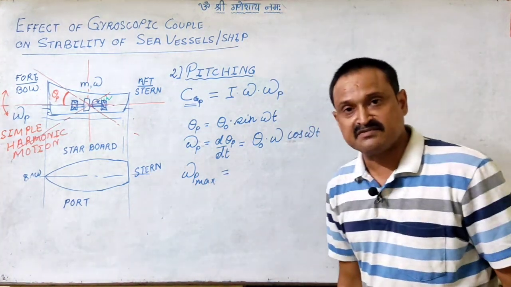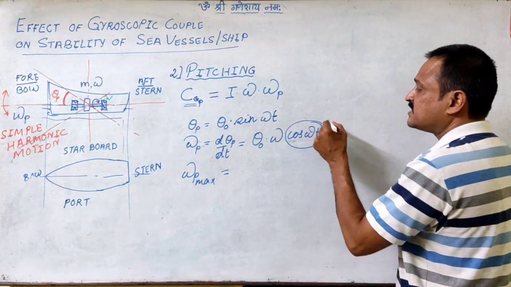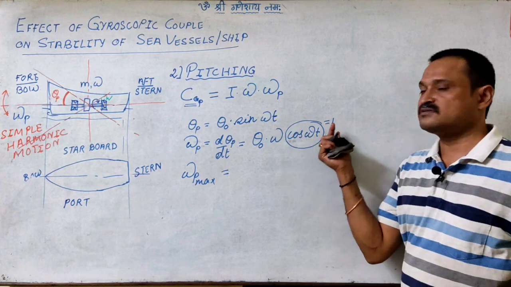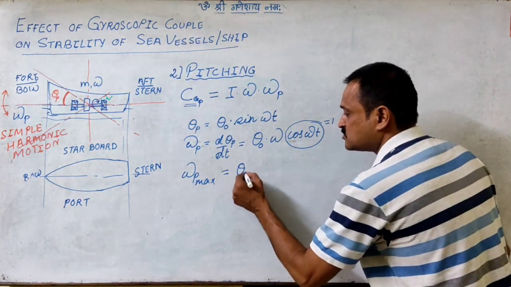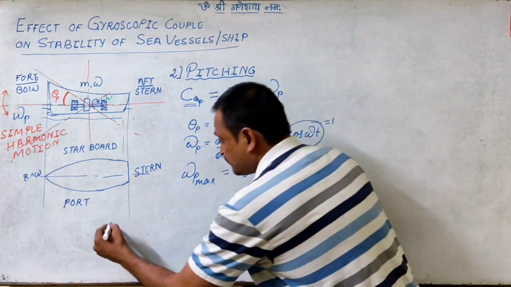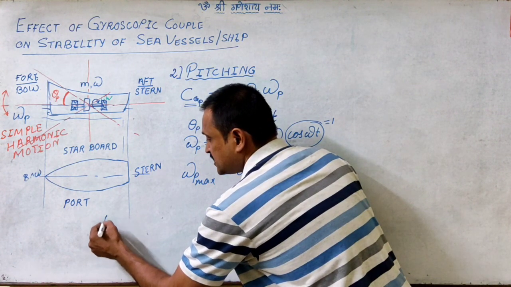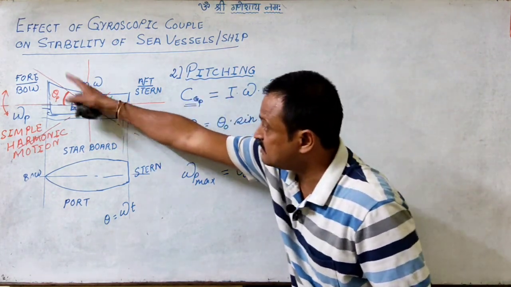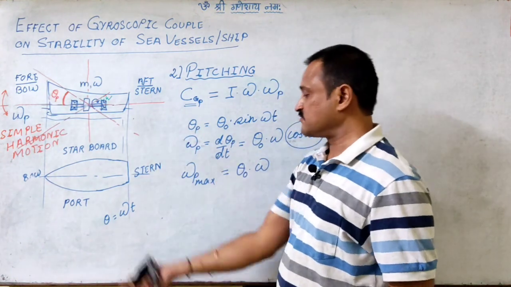So the precession velocity will be maximum only when this cos omega t value is equal to 1. The maximum value of cos is equal to 1. So that means maximum omega p will be equal to theta 0 into omega. We just now said that theta is equal to omega t, where theta means any instantaneous displacement of the bow.